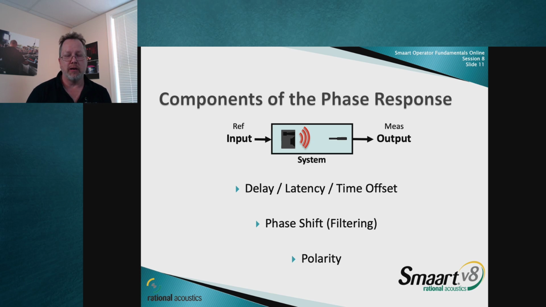Well, I'll tell you how to do it. I don't expect it to make sense. But the first thing is that you're going to time to the same frequencies in the same box. So when we take our measurement, we're going to take the time offset out. We're going to time to the same frequencies in the same box. Then we're going to look at the phase response of that system. Generally, we don't have the ability, although more and more we're getting the ability, to change the phase response of the system.